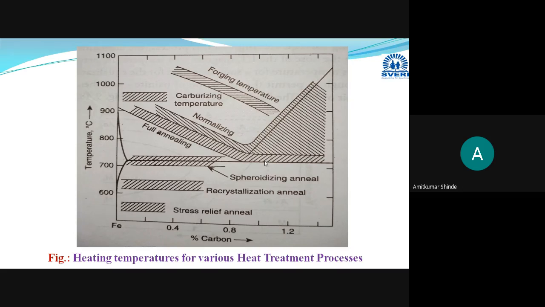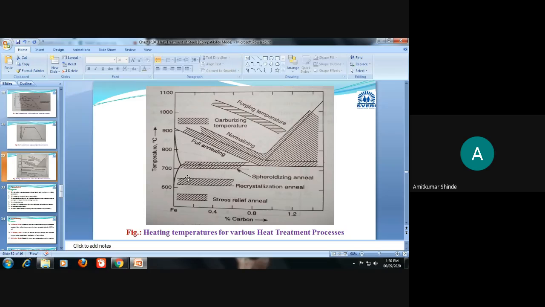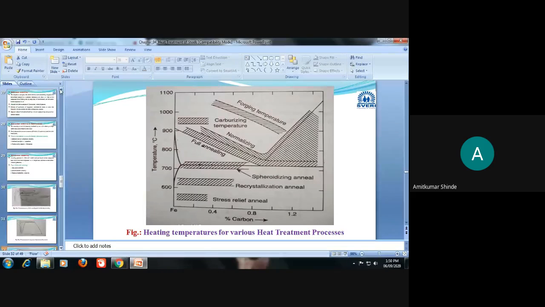After that we do the cooling. In the hardening process, cooling is a very important part. Cooling will be done with a very fast cooling rate. All this heating is done in the furnace, and now the component is removed from the furnace.